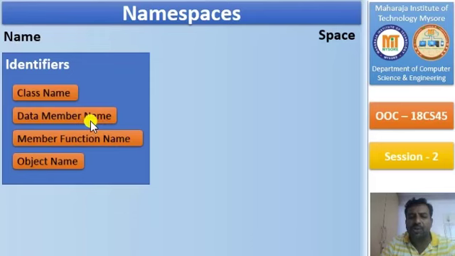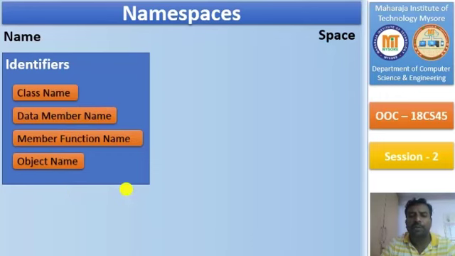We can say the space of these two is always private, with respect to a class, so they should never give me any issue with the names I choose. But the class name and the object name are more exposed to the outer world for interaction of the class with the program.